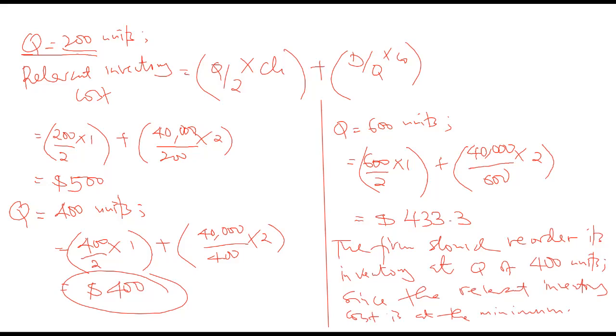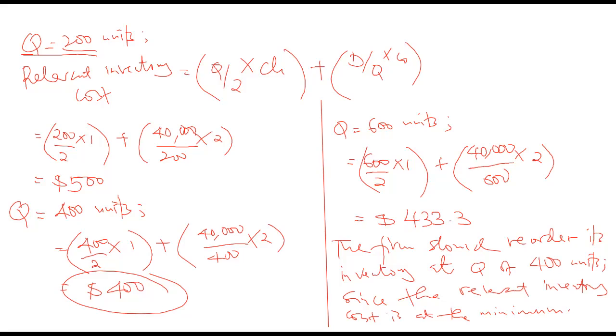That's why we know that if you reorder at the EOQ, you're going to have the minimum possible inventory cost. The manager might come with a proposal that differs from what the financial model says.